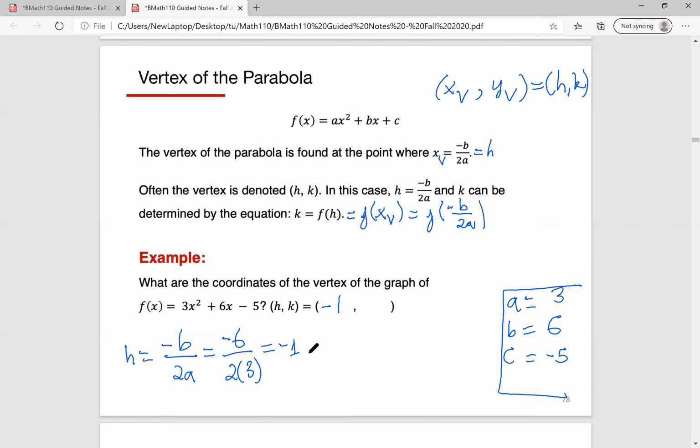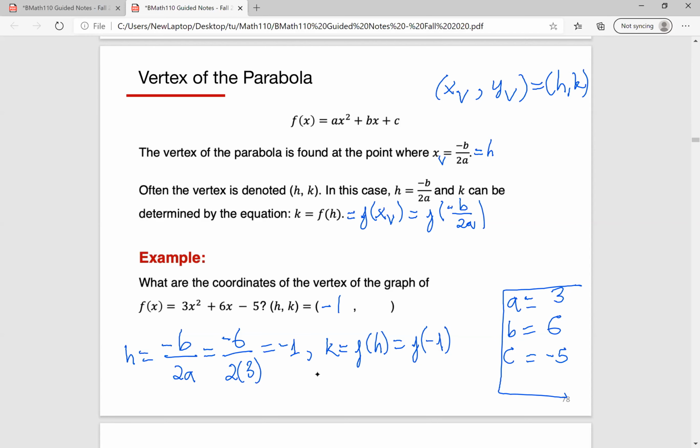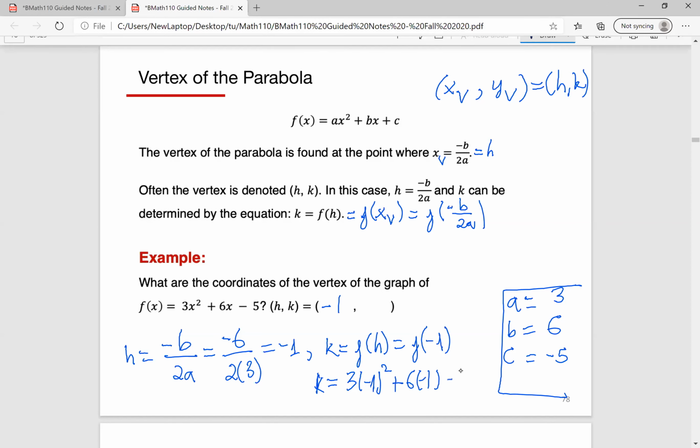Now I need to find k. So you should remember that k is equal to f of h, so I'm going to change h to negative 1, so that's going to be f of negative 1. I will plug negative 1 into f of x for the x. So 3 times negative 1 squared plus 6 times negative 1 minus 5.